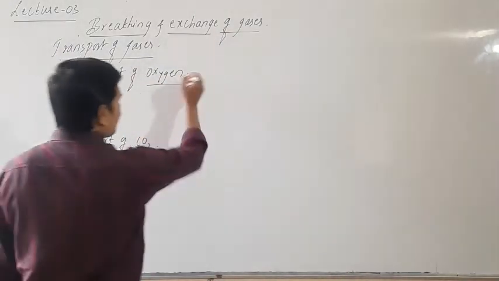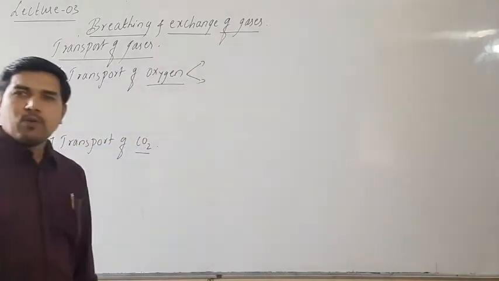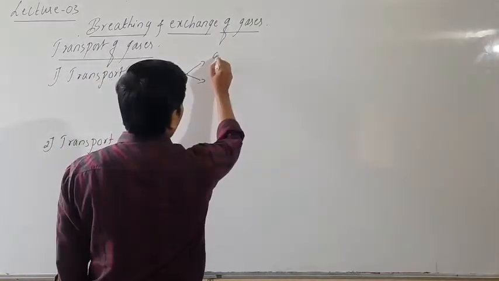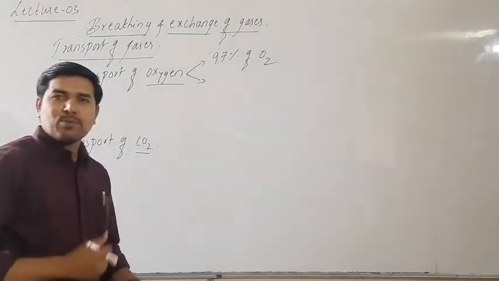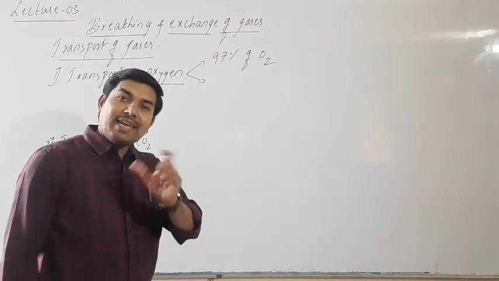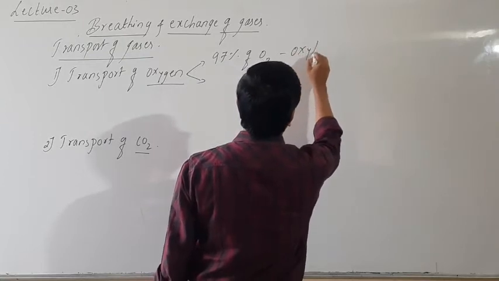Oxygen is transported majorly in two forms. One, 97% of O2 is transported by hemoglobin, Hb, in the form of oxyhemoglobin.